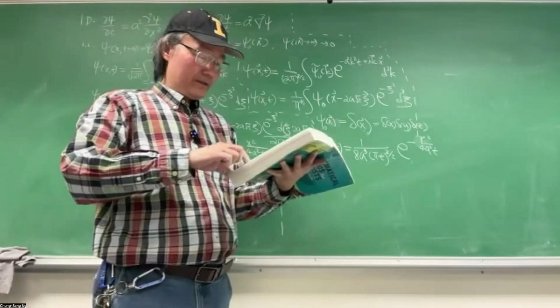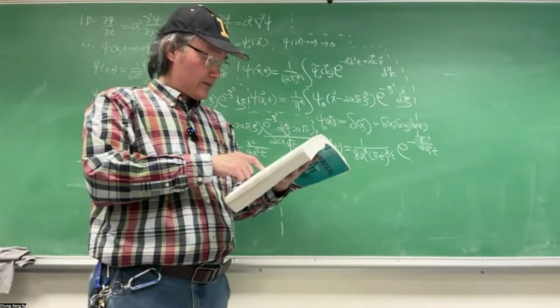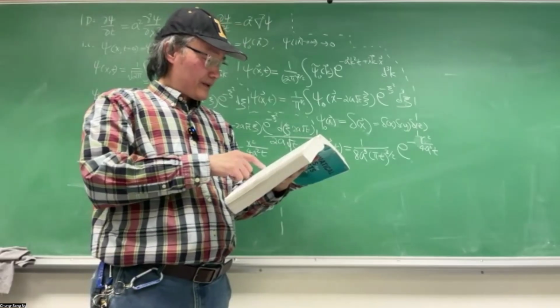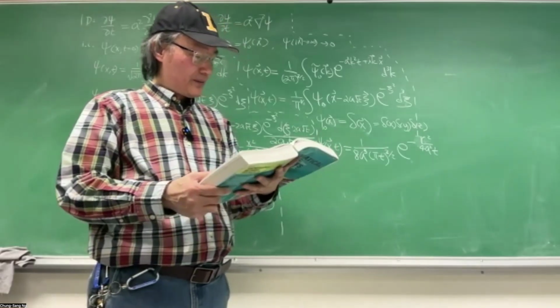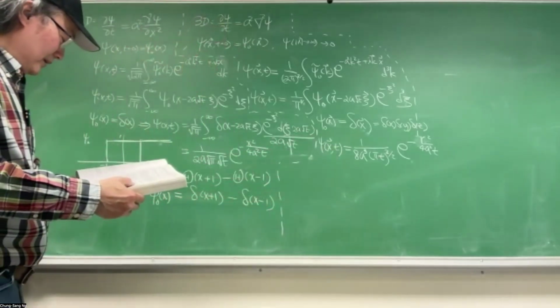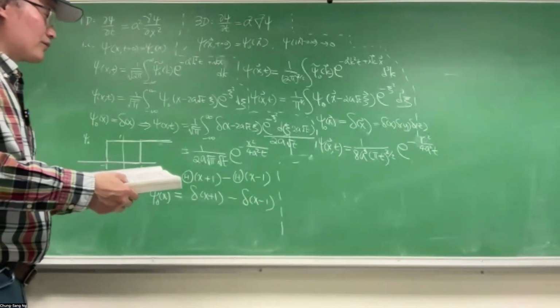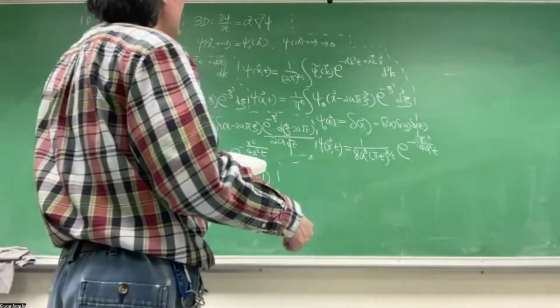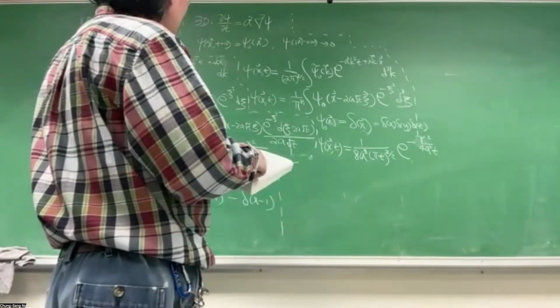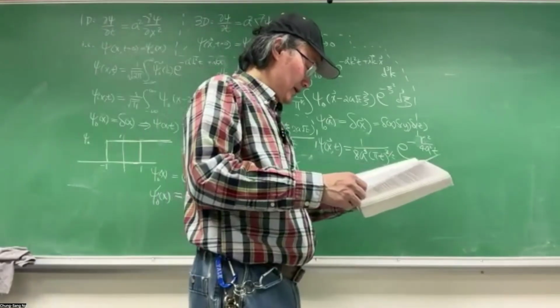Okay, so we did that, and I want to also tie it up with the textbook example 9.7.3. It talks about 3D also, but for a spherically symmetric situation, which means the Laplacian depends on r only, it doesn't depend on theta or phi.